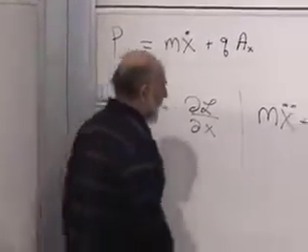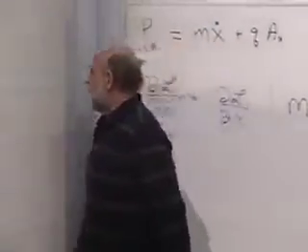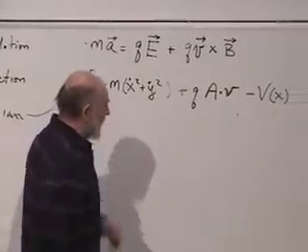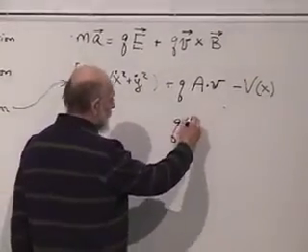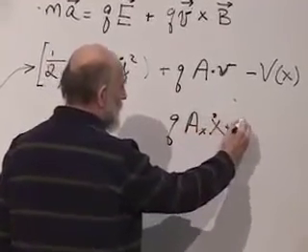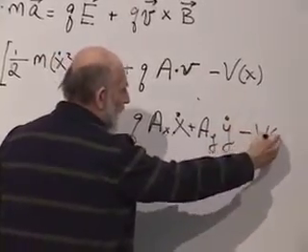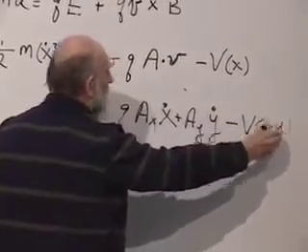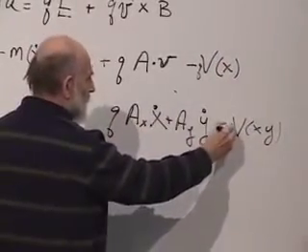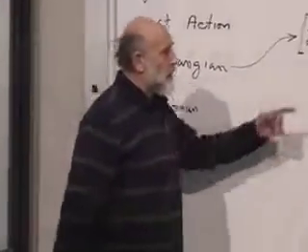What about the right side? Now, what we had depends on x. Let's write this out. This is q times A sub x times x dot plus A sub y times y dot minus V of x and y. Oh, there should be a q here. Yes, q. All right, what depends on x?